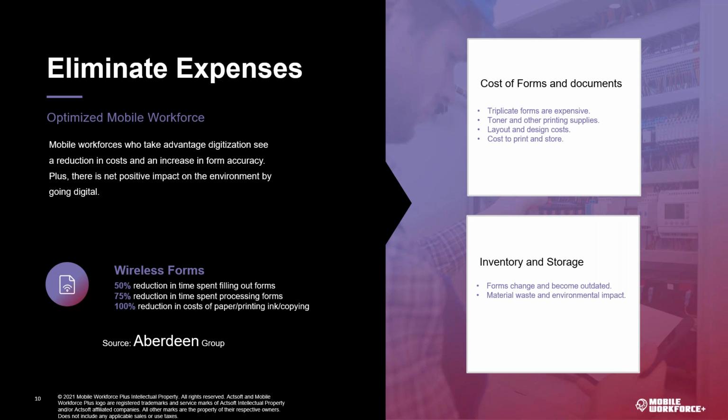So there's a lot of costs that go into using paper forms, and there's a lot of cost reduction when we look at digitizing that process. Aberdeen Group tells us that by utilizing wireless forms, there is a 50% reduction in time spent filling out forms, a 75% reduction in time spent processing forms, and a 100% reduction in cost of paper, printing, ink, and copying.